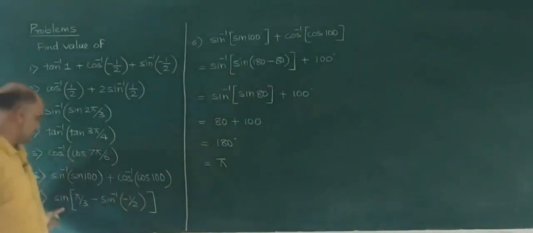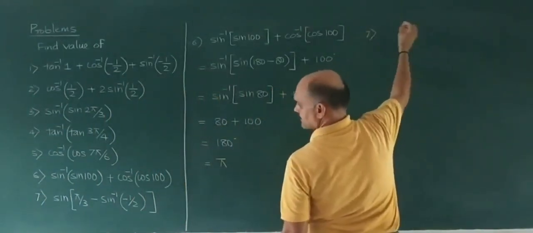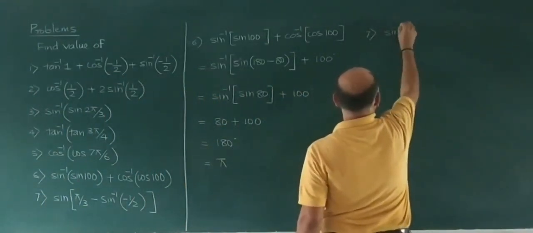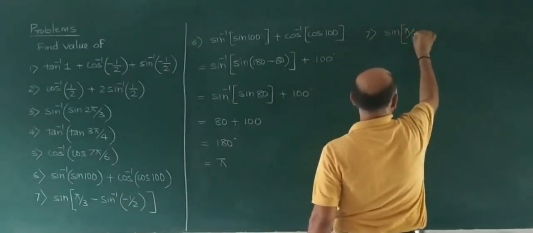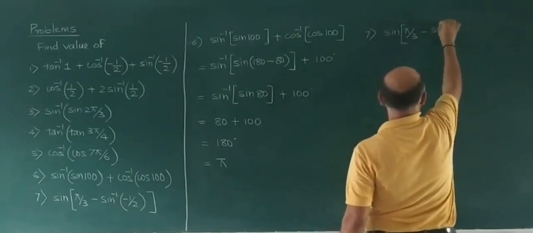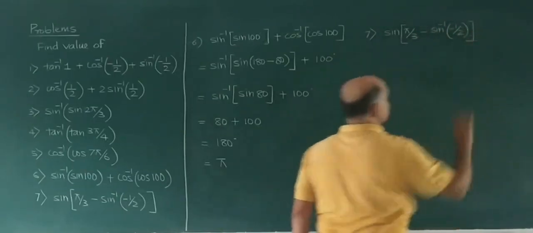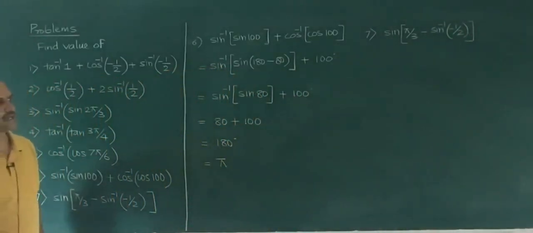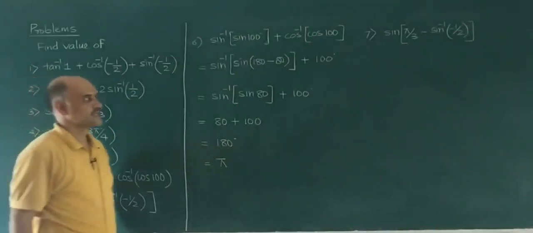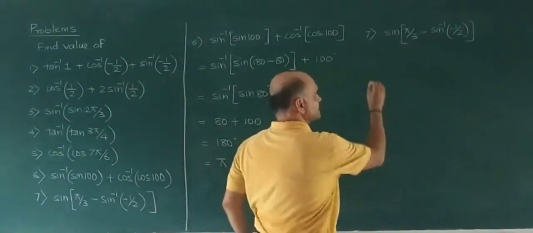So similarly, the seventh one: sine of pi by 3 minus sine inverse of minus 1 by 2. So first, you are required to simplify this.